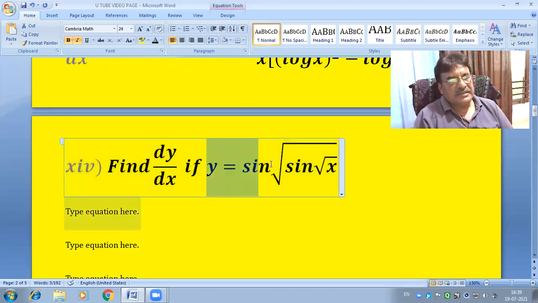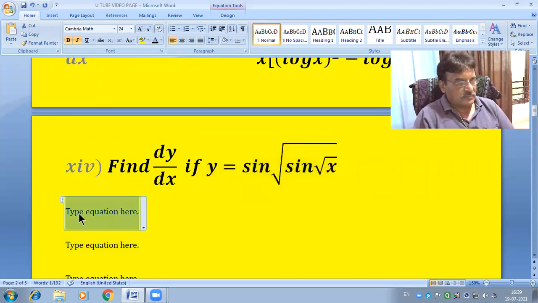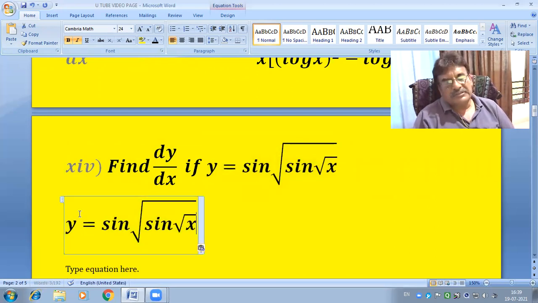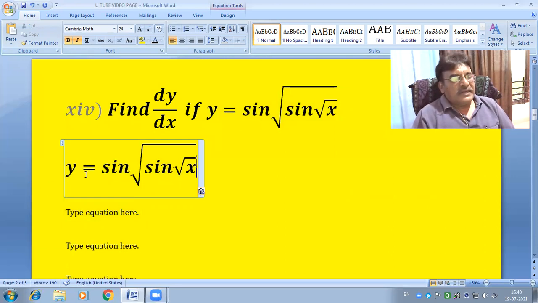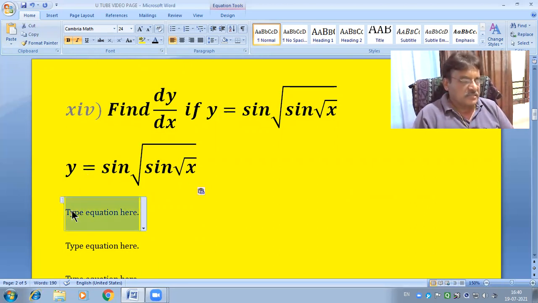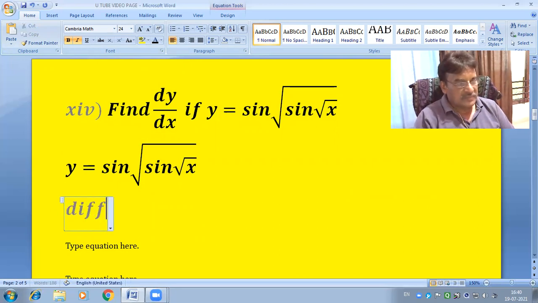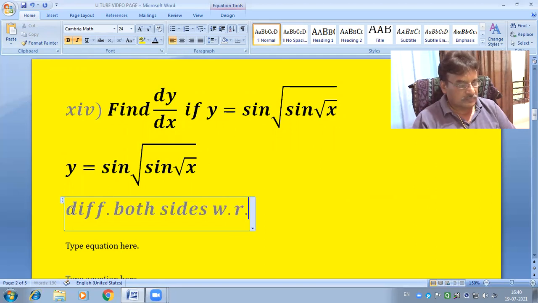So again, first we write the given function, and we find the derivative of this function, that is, differentiate it with respect to x and find out dy/dx. So here we differentiate both sides with respect to x.